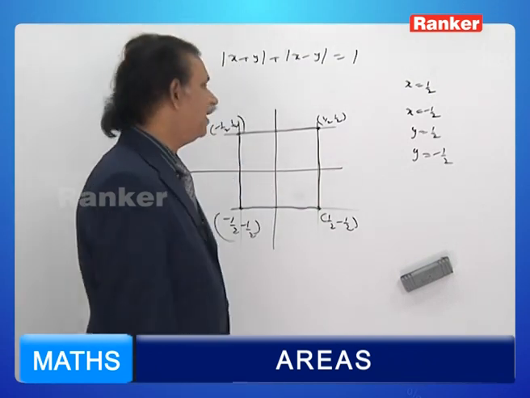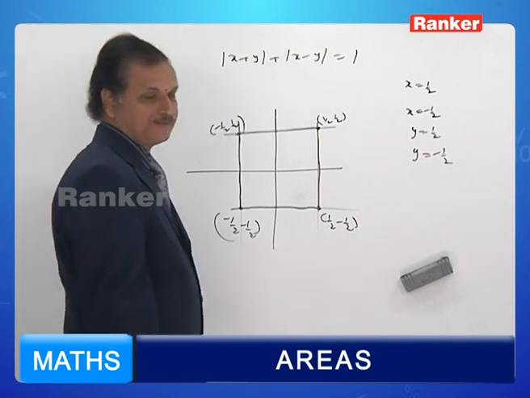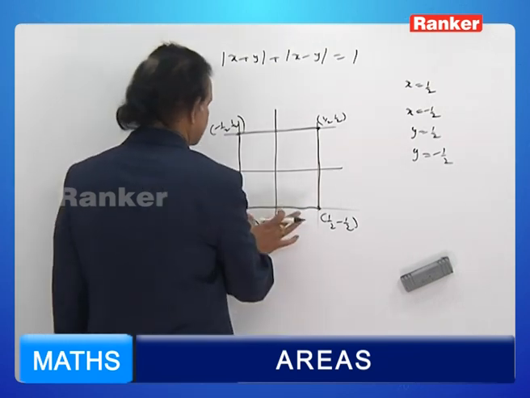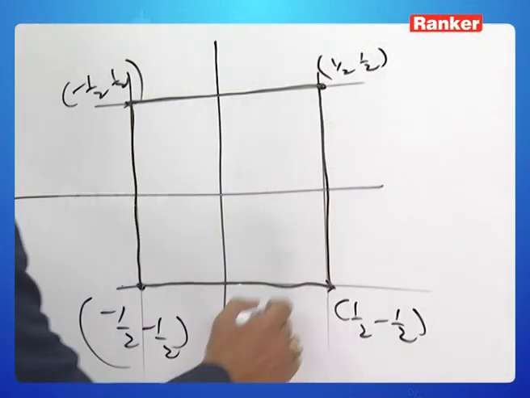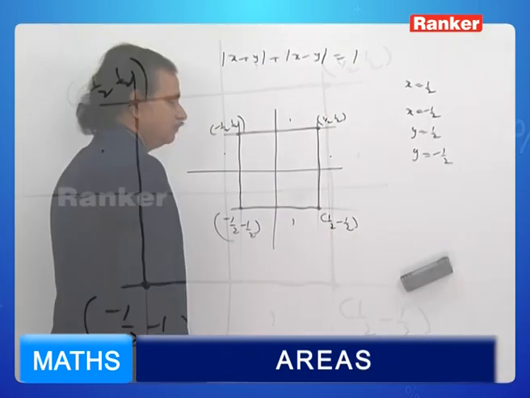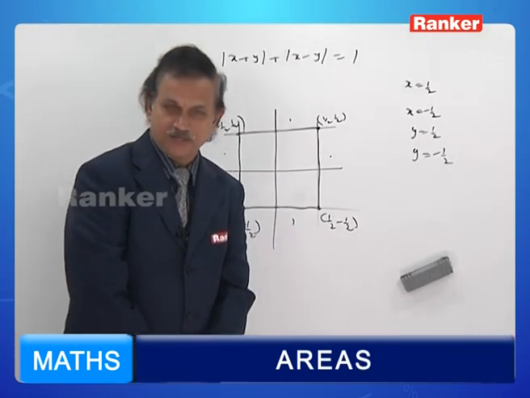What is the length of each side of the square? This is half, so total it is 1. So 1, 1, 1, 1. Area is 1 square unit.